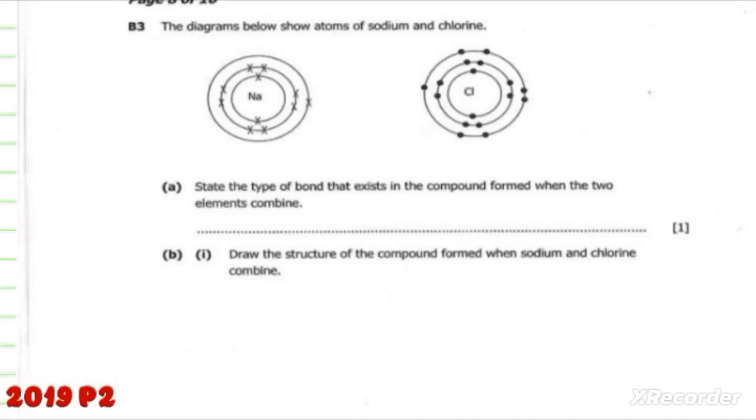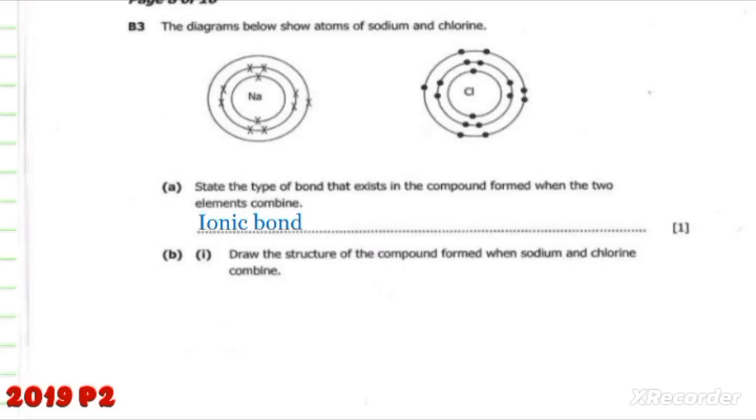Question B3A: state the type of bond that exists in the compound formed when the two elements combine. Sodium is a metal and chlorine is a non-metal. When a metal and a non-metal combine, they form an ionic compound, and the bond will be called ionic bond. So our answer here is the ionic bond.